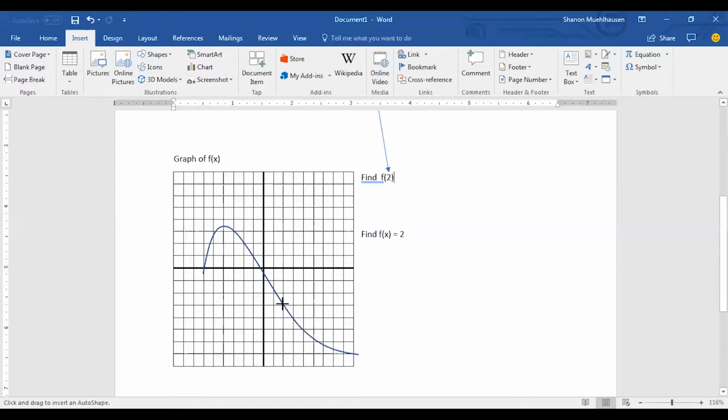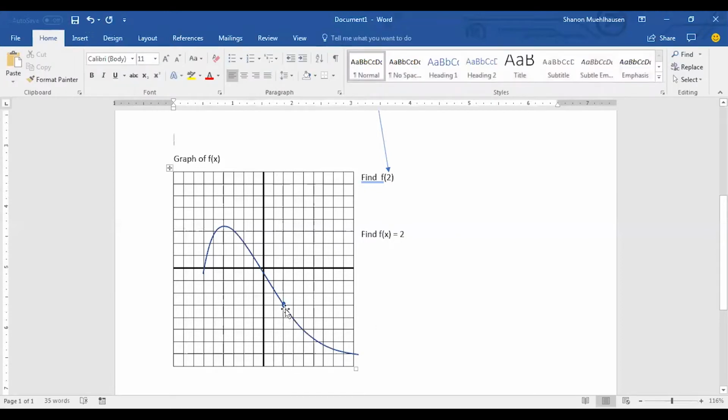I'm going to find my graph. What I'm talking about is this point right here, where x is 2. I can see my graph touches -3. That is, if I put in x is 2 into my function, it comes out down here at y equals -3.